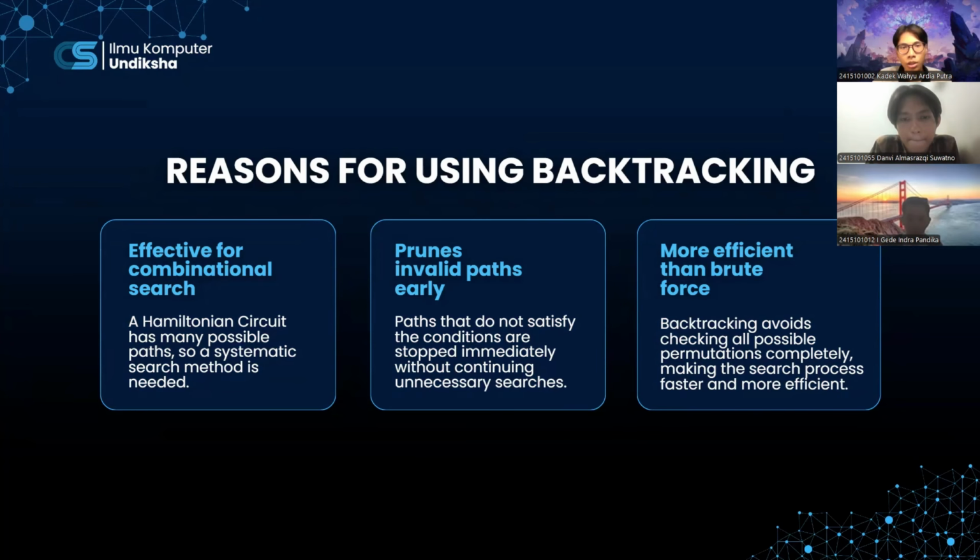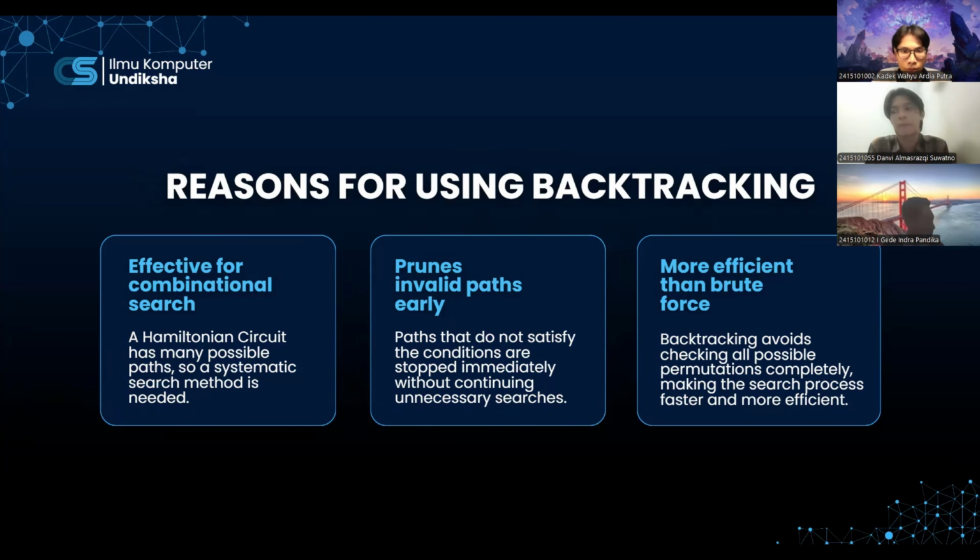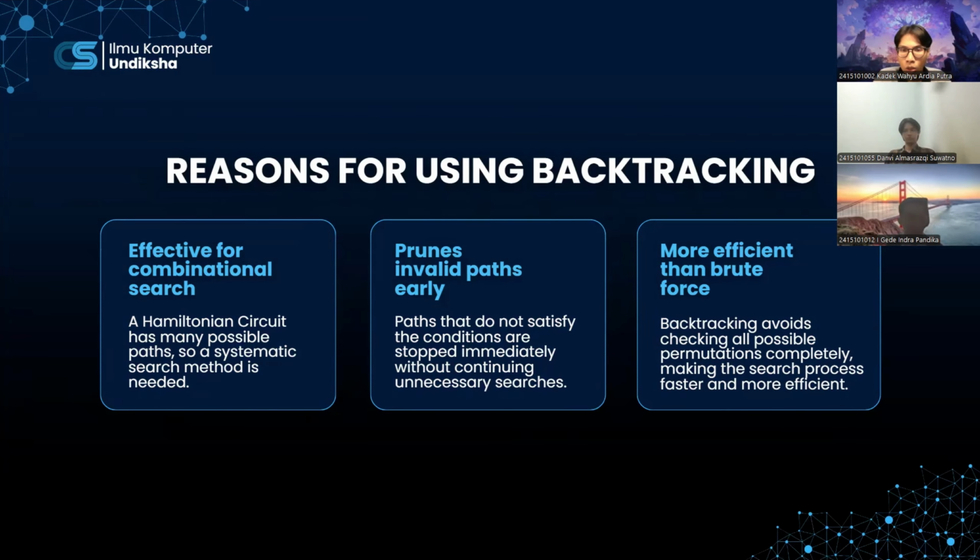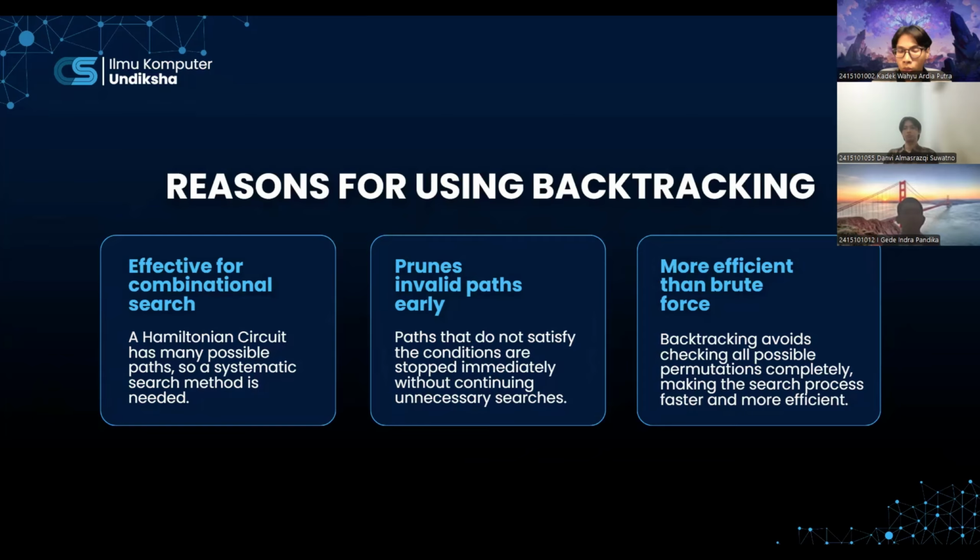Second, it prunes invalid paths early. Paths that do not satisfy the condition are stopped immediately without continuing unnecessary searches. Finally, it is more efficient than brute force, as backtracking avoids checking all possible permutations completely, making the search process faster and more efficient.